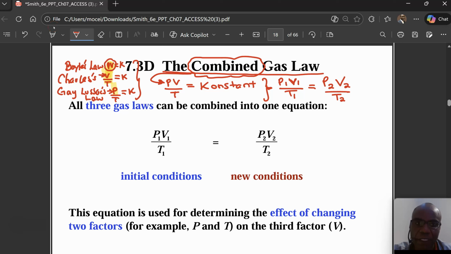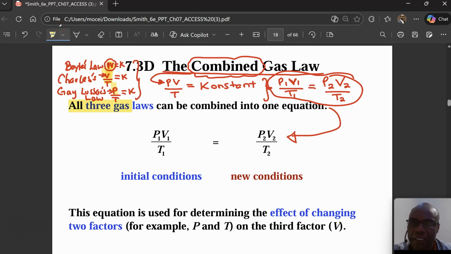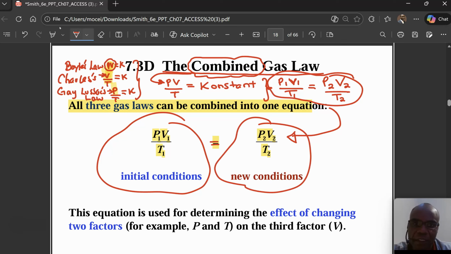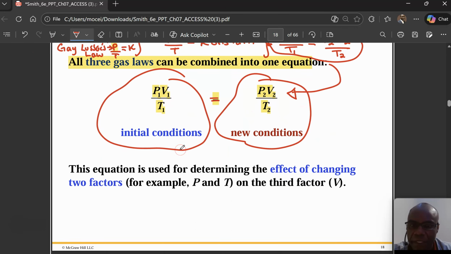But we can work with other units for pressure and volume, but temperature has to be in Kelvin. So all three gas laws are now combined into one equation: P1 V1 over T1 equals P2 V2 over T2, where P1, V1, T1 are the initial conditions and P2, V2, T2 are the new conditions.